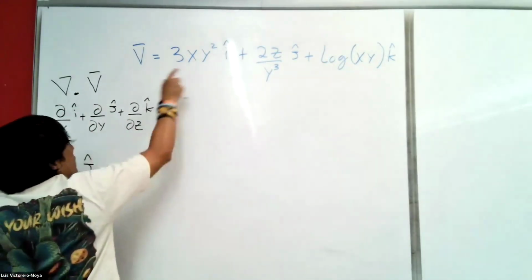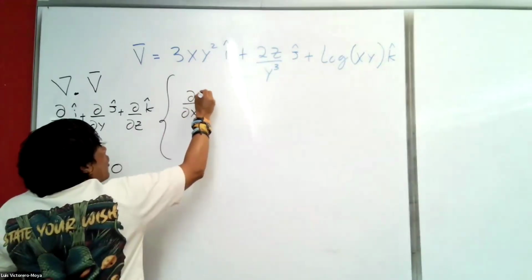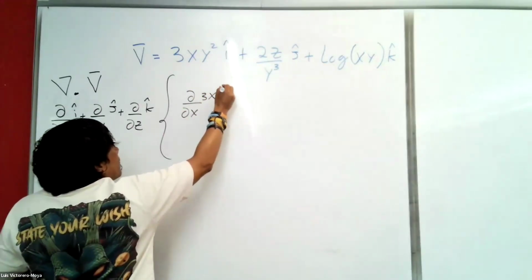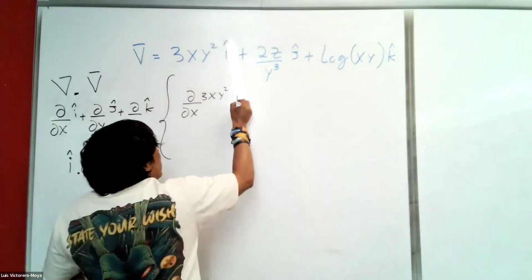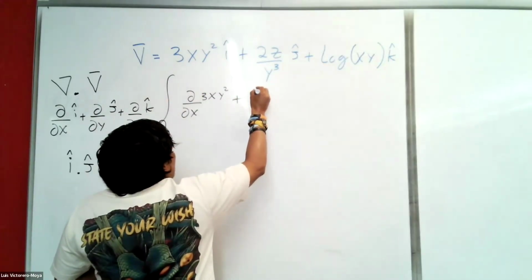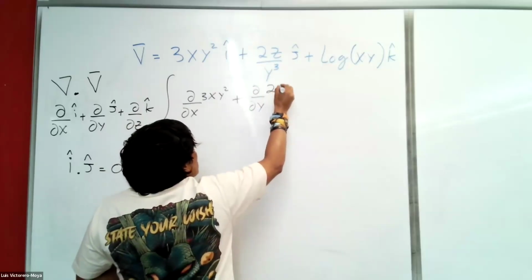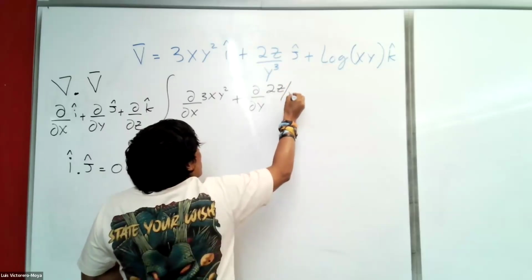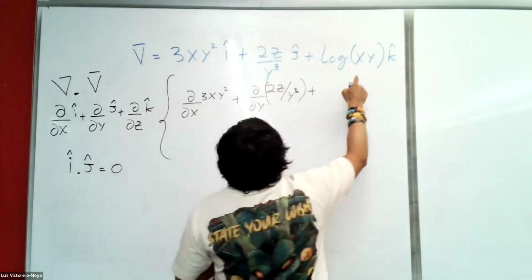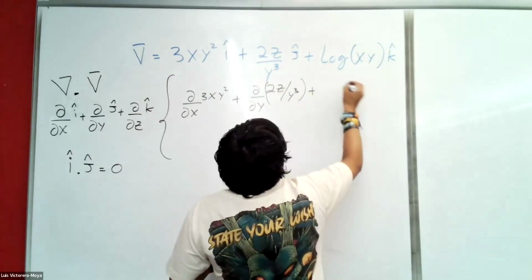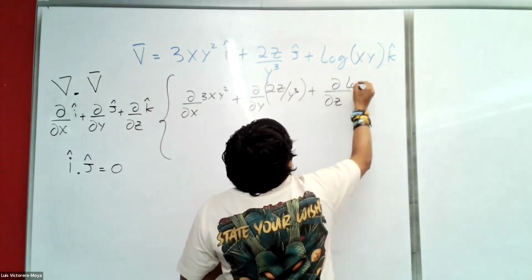So this will be the derivative with respect to x of 3xy squared, and i dot i is 1, scalar. You want to get a scalar here. Then with respect to y of just this, and then with respect to z. All right, that's fine.